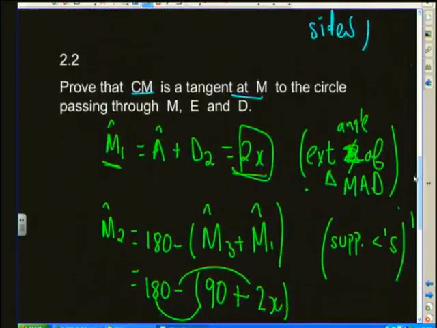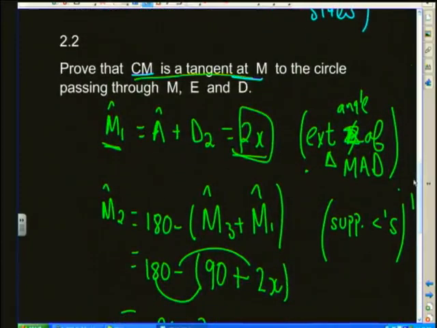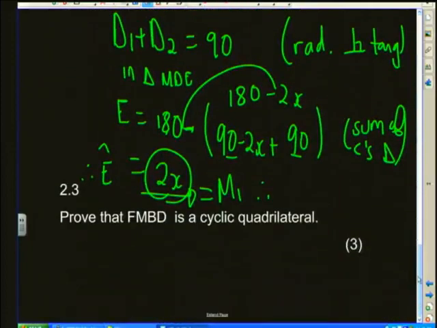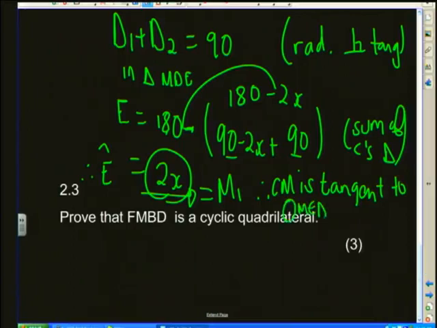CM is a tangent to the circle passing through MED, and the reason for that is the converse of the tan chord theorem.